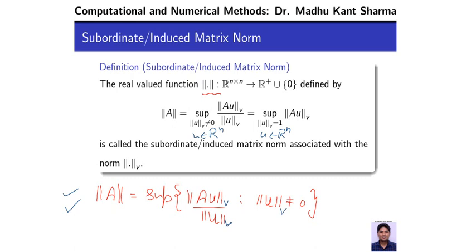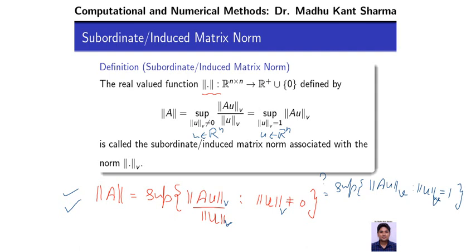Now you can verify that this definition and the definition with supremum of norm of Au such that norm of u is 1 are the same, meaning both supremum sets are the same set. You can verify that on your own, or else we will see it in the doubt session.